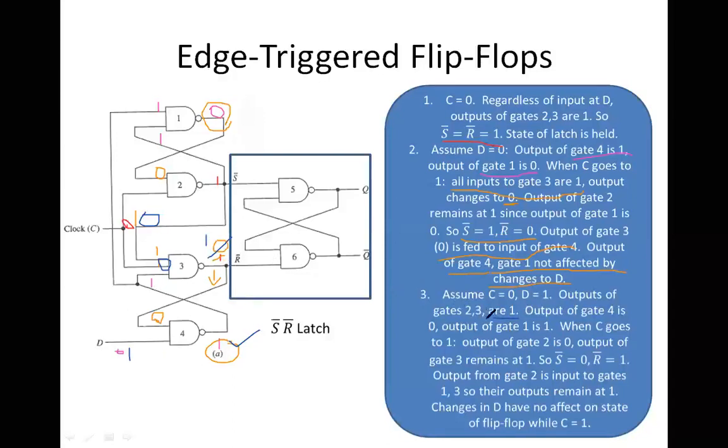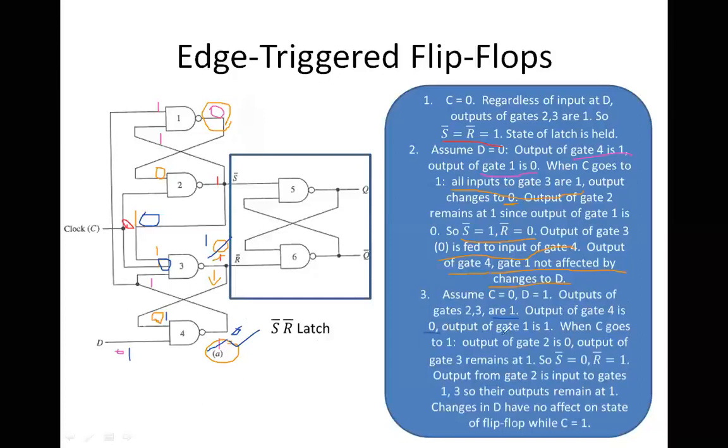When this becomes 1, the value is passed here. So 1 into 1 is 1, and the value from 1 will become 0. So the output of gate 4 becomes 0.